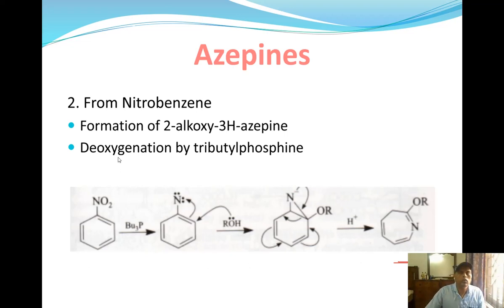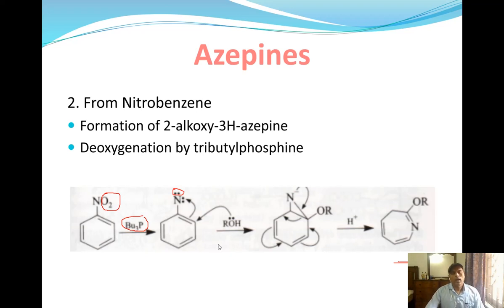You have to do the deoxygenation: you're going to remove this oxygen from here using tributyl phosphine. This is your tributyl phosphine. So you are removing this oxygen, and the two electrons are going to be here with the nitrogen.